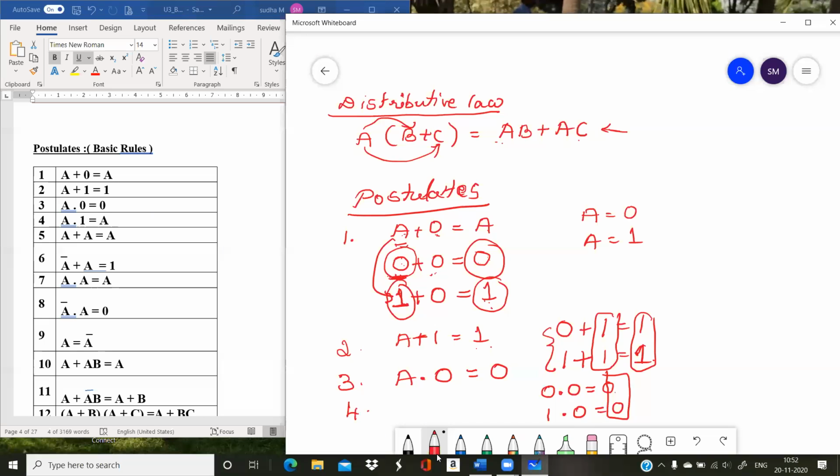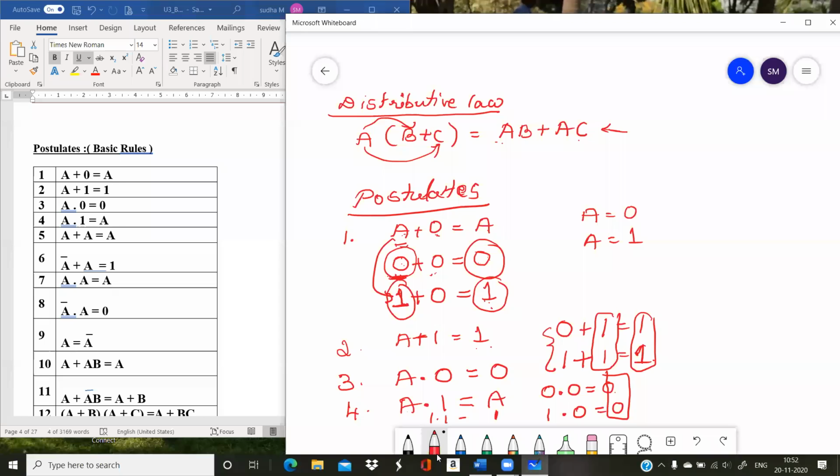Next, the fourth rule says that A dot 1 is equal to A. If A is equal to 1, then 1 dot 1 is equal to 1 only.